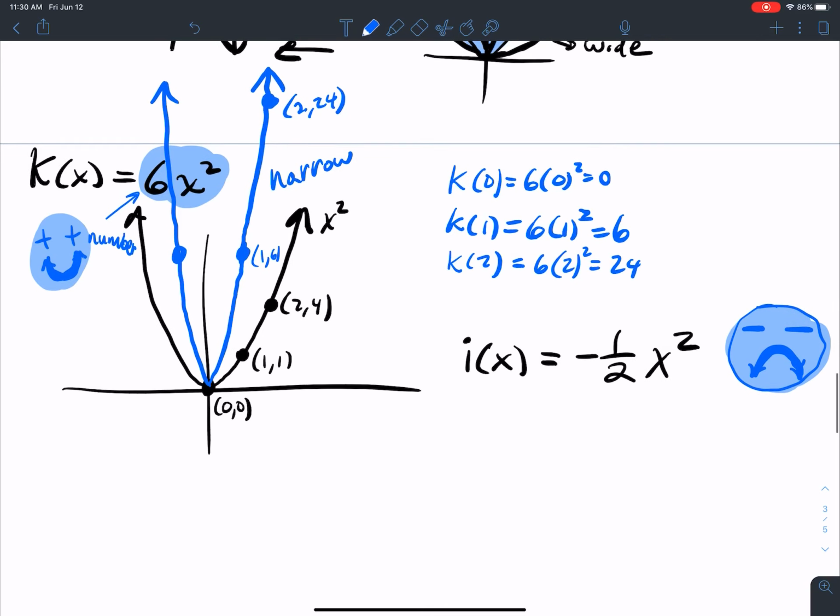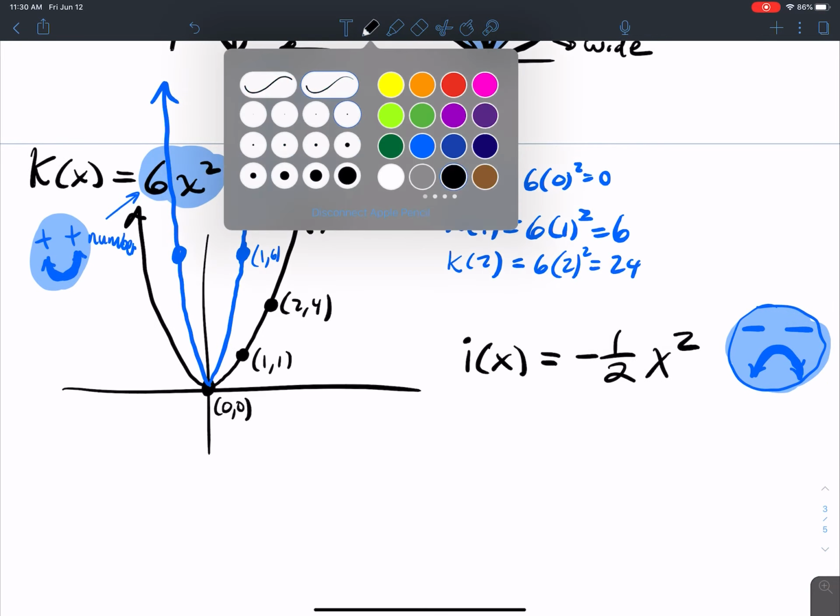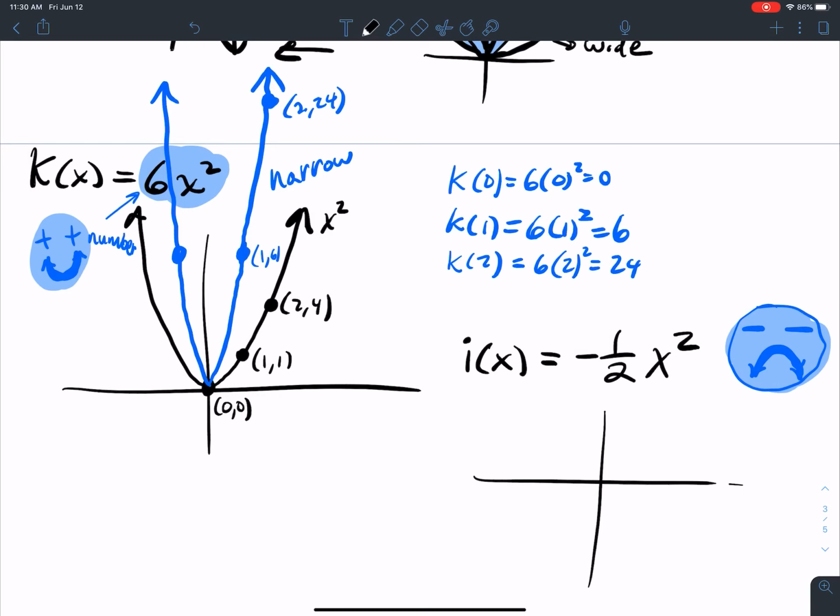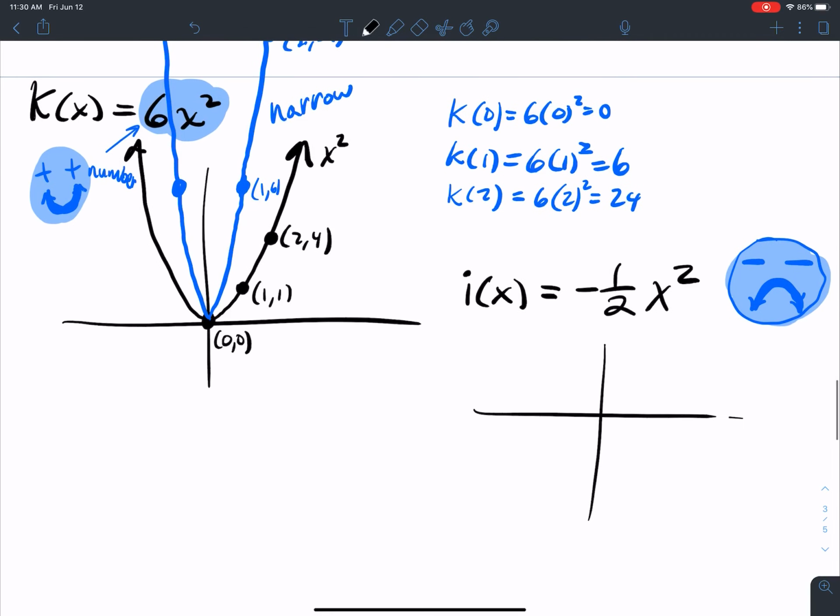Okay? So if I graph this, we know right off the bat that it's going to be concave down. That's a negative x squared. But then we've got this 1/2 factor. Now what does 1/2 do to it? Well, 1/2 literally cuts it in half.